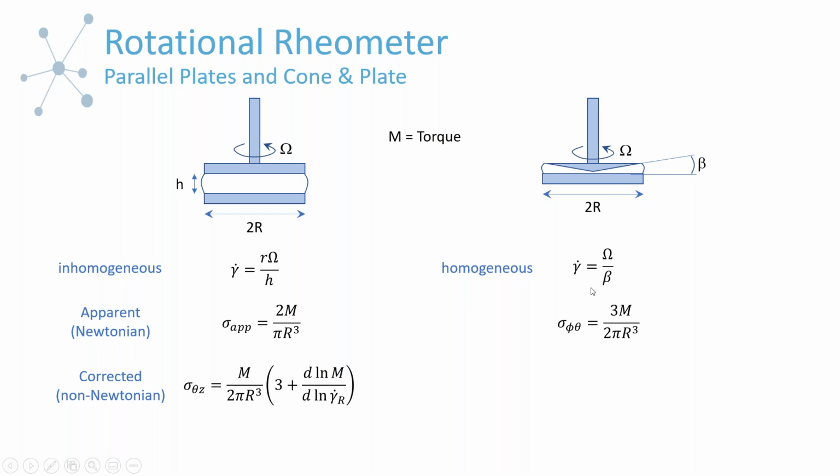So the shear rate, which you can again derive yourself from the fluid mechanics, or you can look it up in a rheology textbook, is just going to be related to the rotational rate of the upper tool and the angle between the cone and the lower plate.